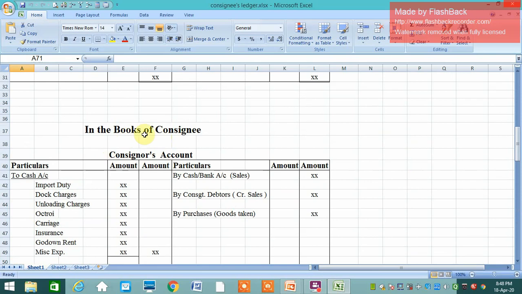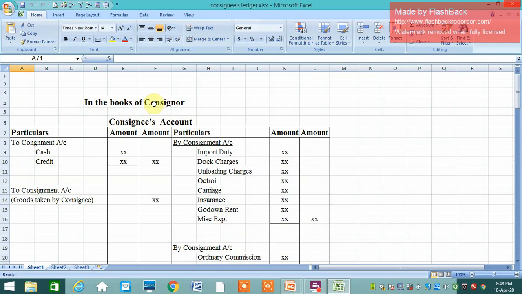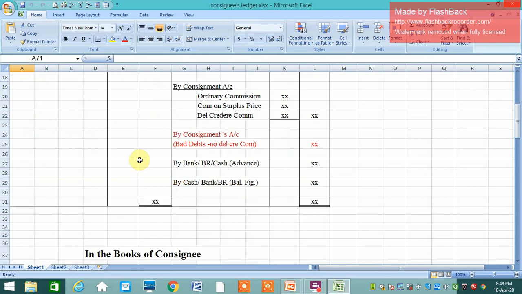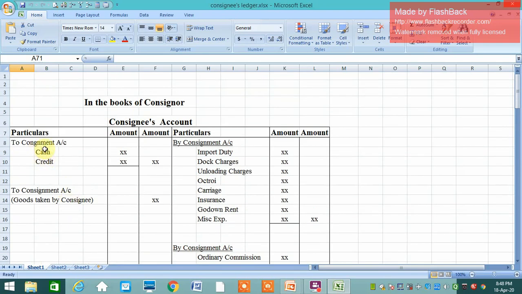Now, to understand the consignor's account in the books of consignee, it will be required to know the consignee's account in the consignor's books. Students, you can use a trick over here. Whatever is on the debit side of the consignee's account in the books of consignor will come on the credit side there, and whatever is on the credit side will come on the debit side.